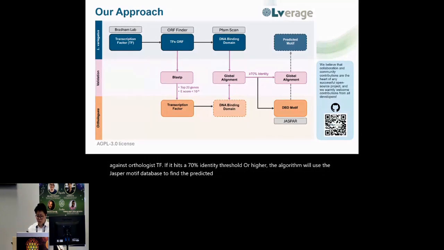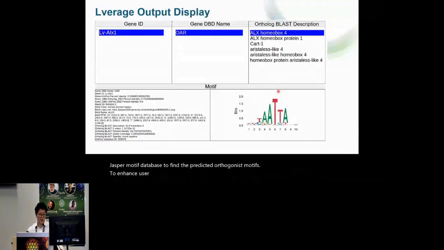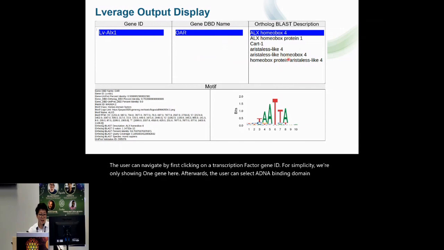To enhance user readability, we also developed a graphical user interface to report the results. The user can navigate by first clicking on the transcription factor gene ID. For simplicity, we're only showing one gene here. Afterwards, the user can select a DNA binding domain name within the gene and the BLAST hit description that is most pertinent.